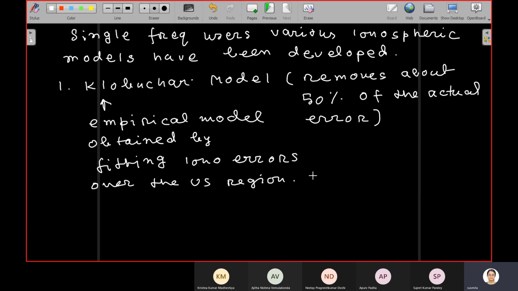By fitting the ionospheric error over the US region, some model coefficients have been obtained, and these model coefficients are broadcast by the satellites in navigation data. So they are called Klobuchar model coefficients.